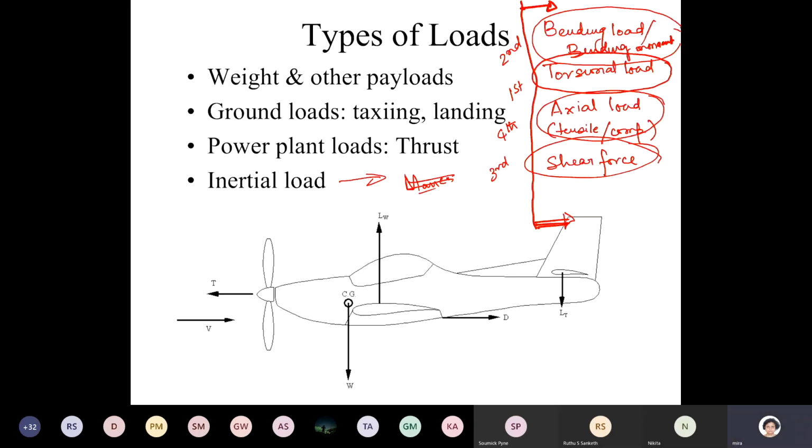Now, let us assume that we know my structure is experiencing torsional load and I will analyze the structure for it. What are we going to analyze? A torsional moment of 5 kilonewton meter is acting on an aircraft component. I have to find out the shear stresses in that component because of this torsional load.